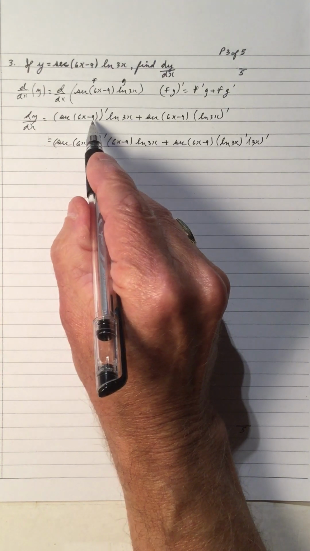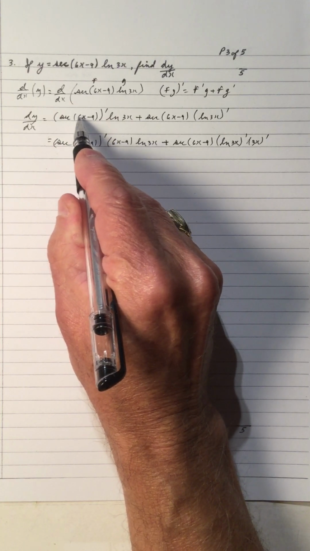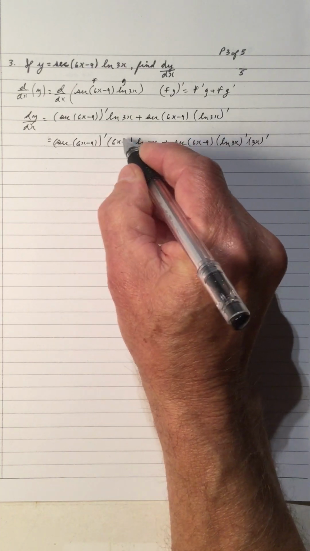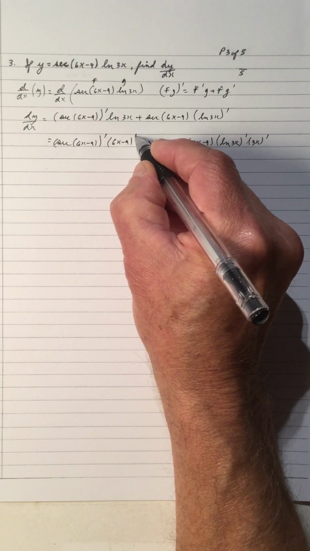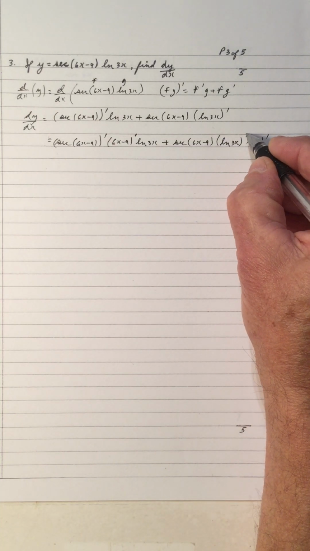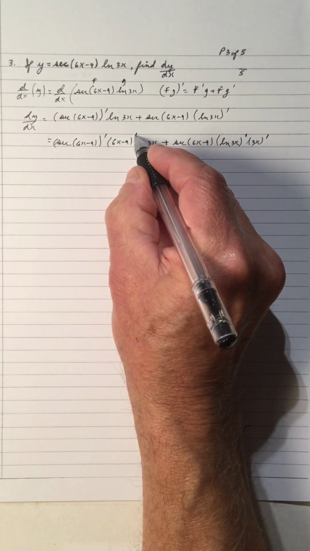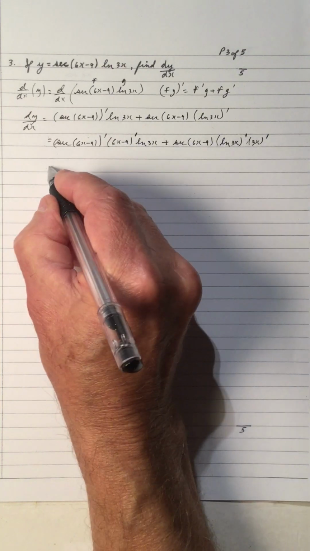So again, this is a chain rule. Derivative of secant is the whole thing times the derivative of the inside. So right here, I didn't put the derivative of the inside. I did the derivative of ln 3x and the derivative of the 3x. So again, we're doing a derivative of the whole plus the derivative of the inside.